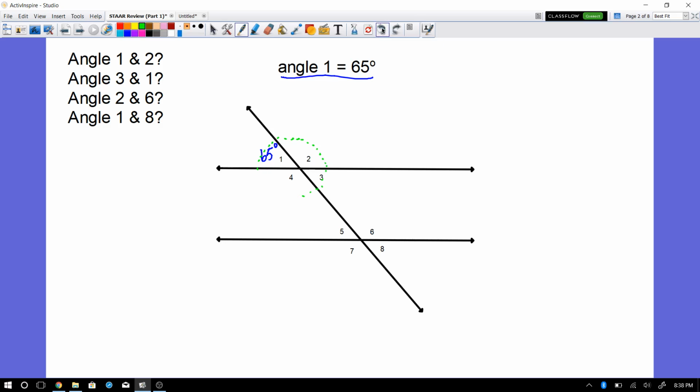So if we know that angle 1 plus angle 2 is going to be 180, all we have to do is figure out what's left. So that's when we'd have the 180 minus 65. We should have 115 degrees.